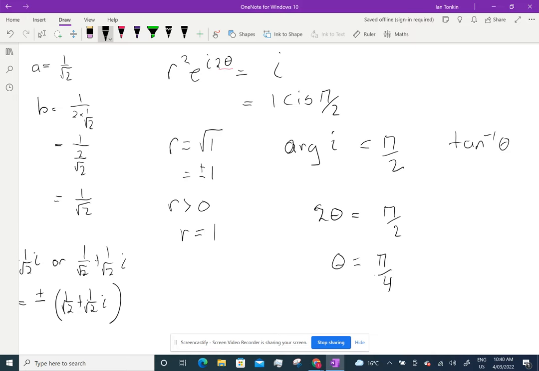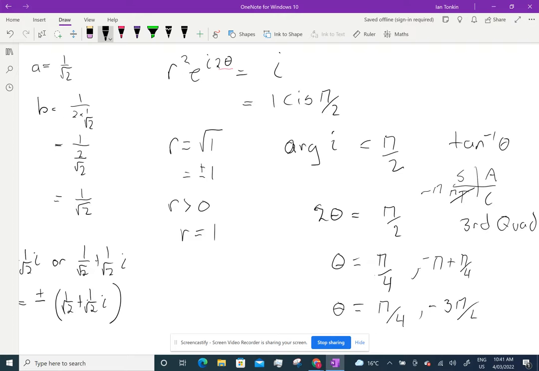Where else is it positive? Well, all stations to central. It's positive also in the third quadrant because we know we're going to get another answer. In the third quadrant, that's minus pi plus pi on 4. Remember, we go minus pi, then forward that way. And we get theta equals pi on 4 and minus 3 pi on 4.